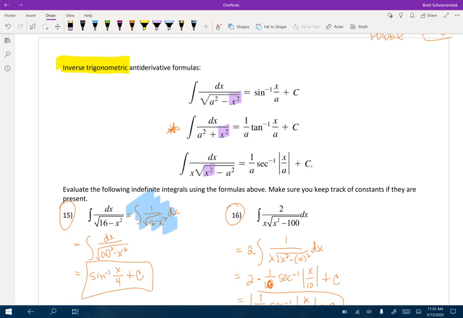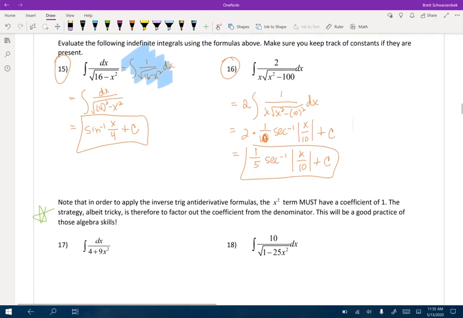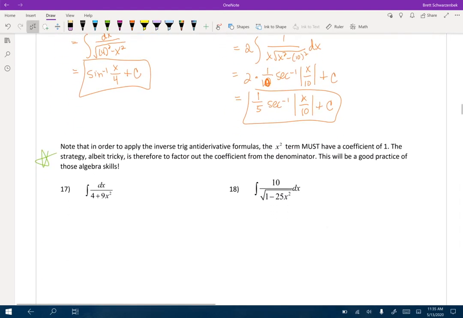So the question is, what if you get a problem like 17 or 18 where the coefficients aren't 1? Now that can be a very different story. That would create a scenario where we would need some other method to do this. It's not anything crazy, it's just about being smart with your algebra to manufacture a quantity in which the coefficient is 1 in front of the x squared.